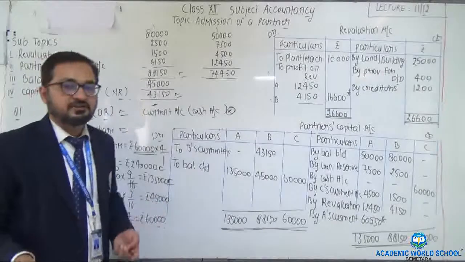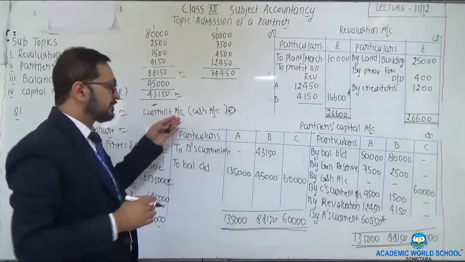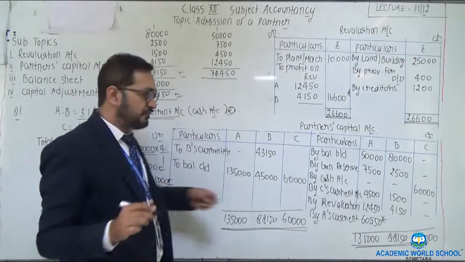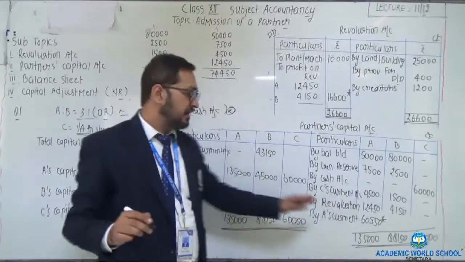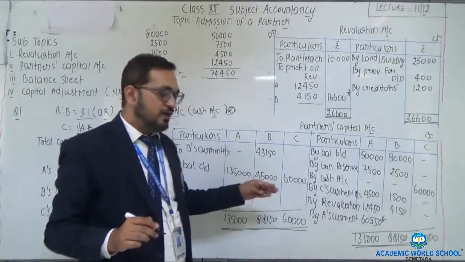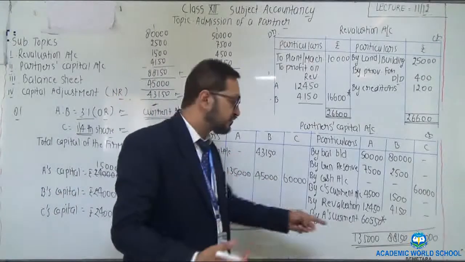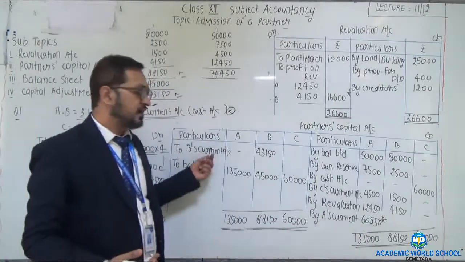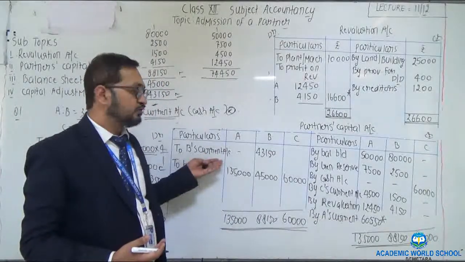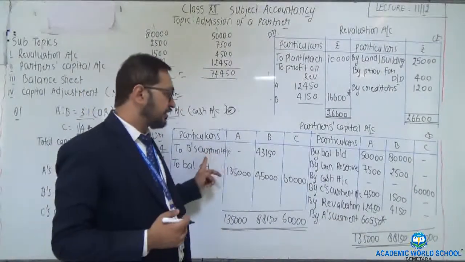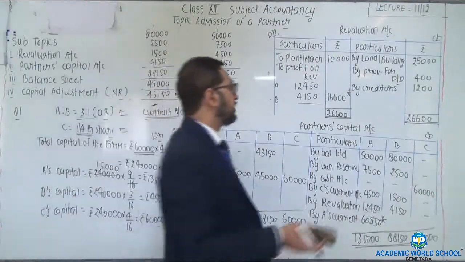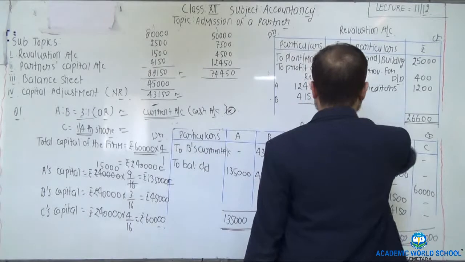It is given in the question itself that it is being adjusted by opening current account. That is why I have opened current account of A and current account of B. The amount to be brought in by A through his current account is 60,550 and the amount that should be withdrawn by B through current account is 43,150. I hope complete partner's capital is clear to all.